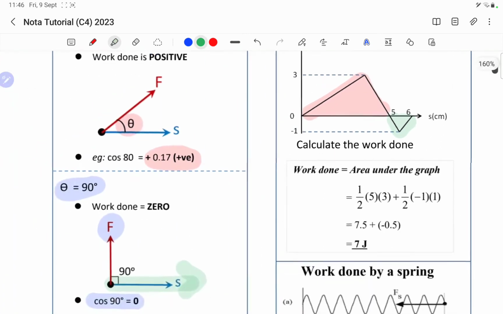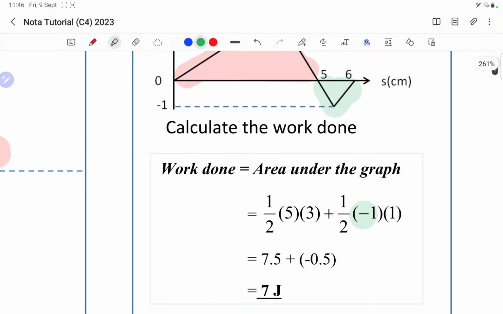So in your calculation, you have to include the negative. When we add the two values, we will get the net work done, bersih. Ada work done yang bantu ke kanan, tapi ada work done yang melawan. So bersih yang betul-betul dikenakan pada objek adalah 7 sahaja.